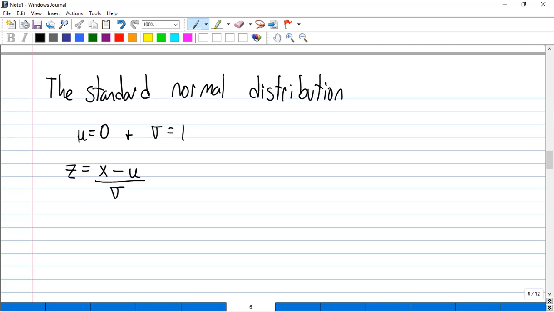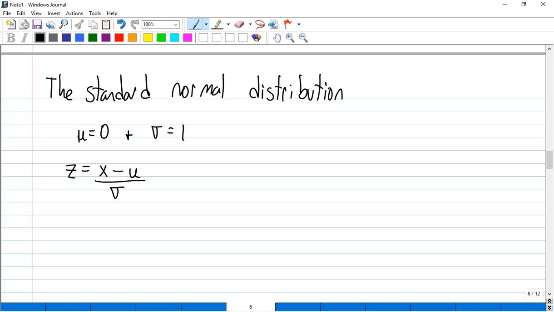But to start out with, we're just going to look at the standard normal distribution and assume that the mean is equal to 0 and the standard deviation is equal to 1, just so we can figure out how to find some areas under the curve.